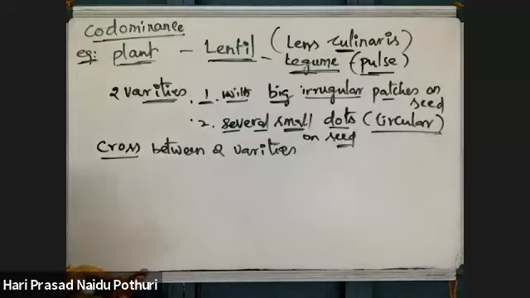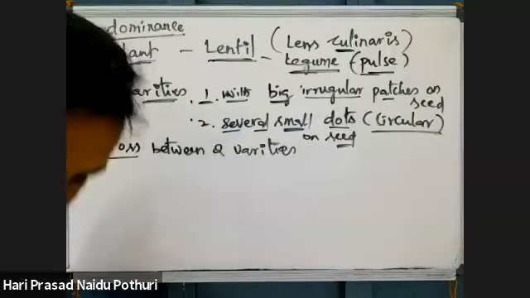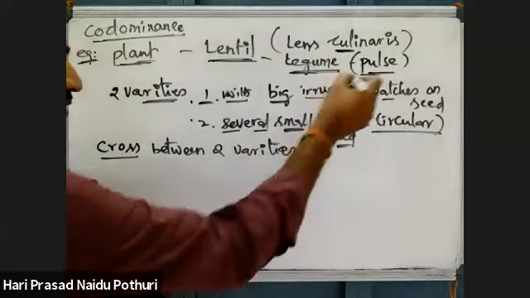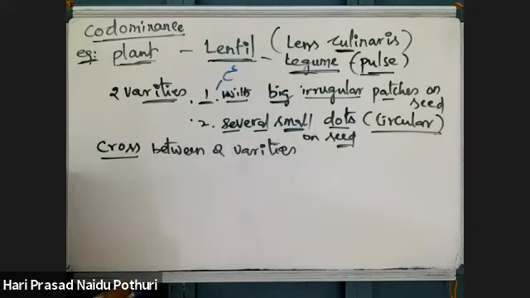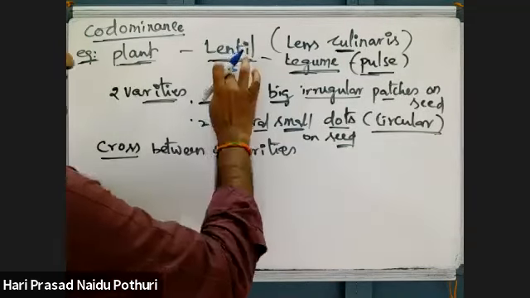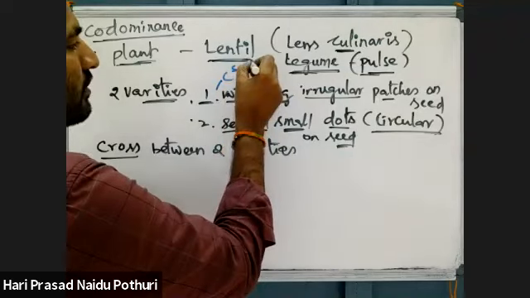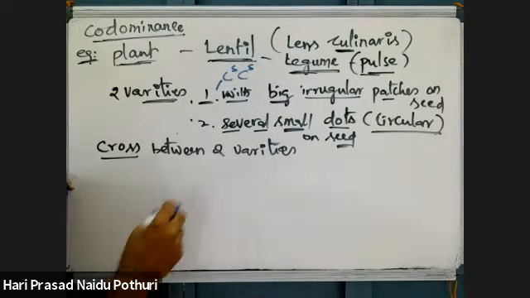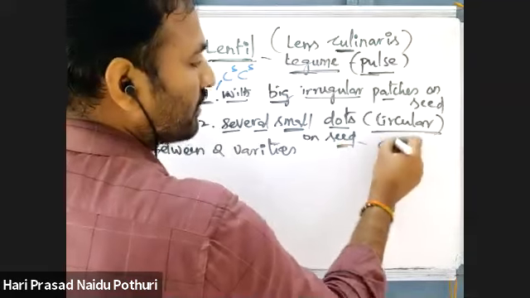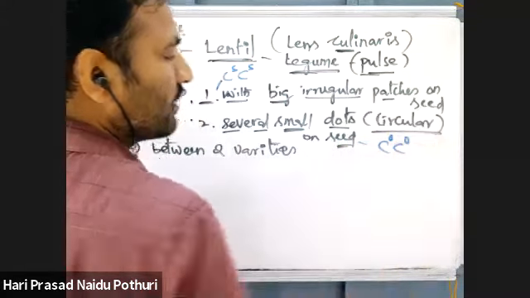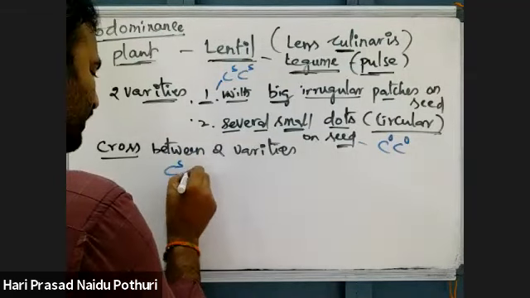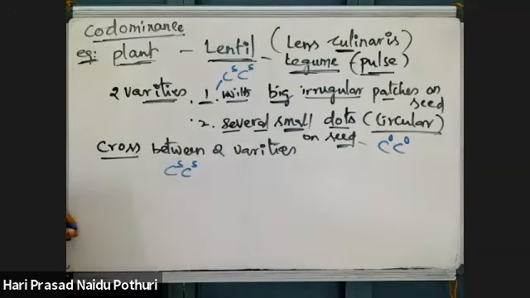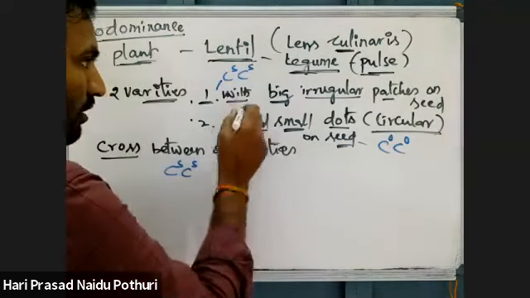Okay, when the cross was conducted between two varieties, take an example. Suppose this character we write as CS. This is CS, which is homozygous condition. Suppose this other character we mention as C0. Both alleles are homozygous.